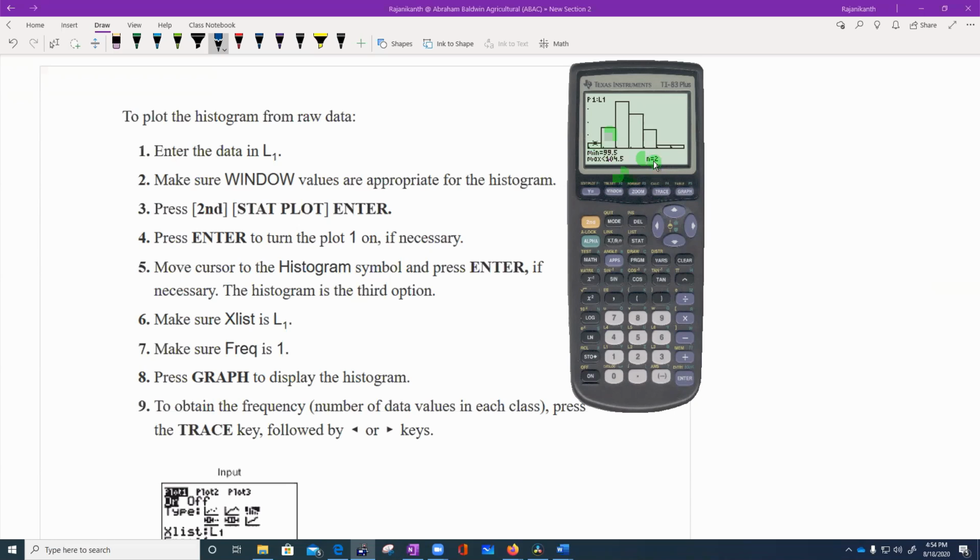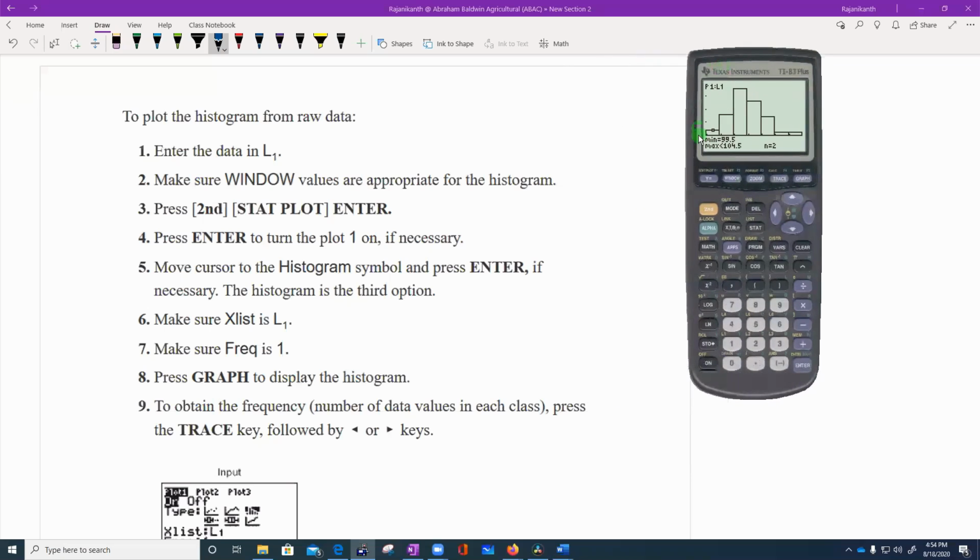How many bars do I have here? 1, 2, 3, 4, 5, 6, 7 bars. Remember, I did not give any information about bars for this particular data set. The calculator automatically chose 7 as the number of classes, right? So luckily we got the correct number of classes, but it may differ from your actual picture.